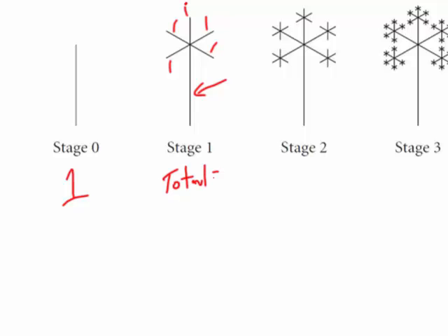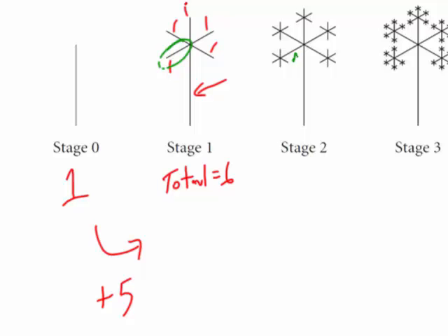Write the total. But it went up 5, right? Do you think it's going to go up 5 again, or will it be more? Looks like more, isn't it? I could physically count this, but maybe you're starting to see a pattern. Basically, each of these sticks that we had made 5 juts off of it, just like it did in stage 1.